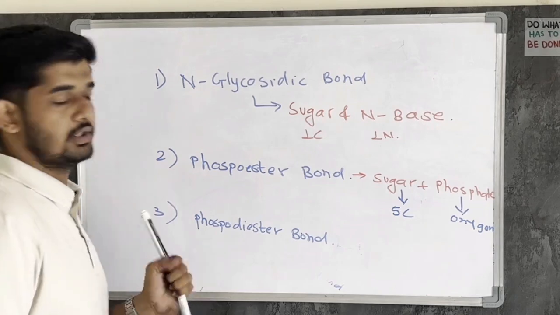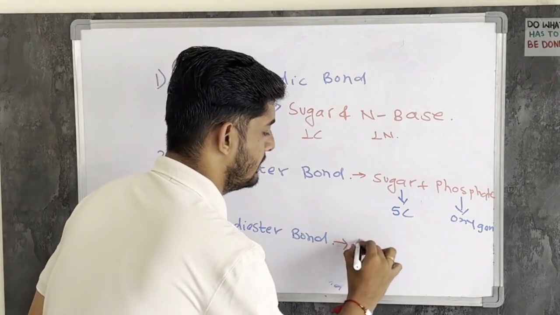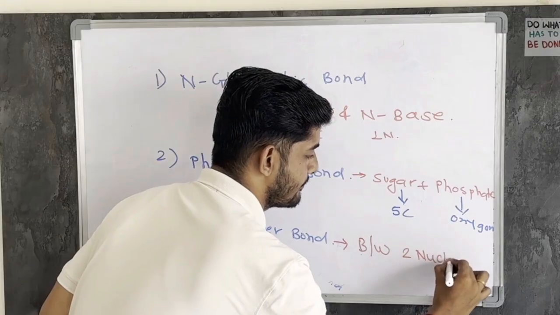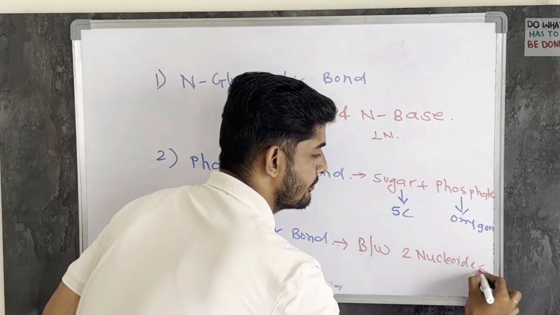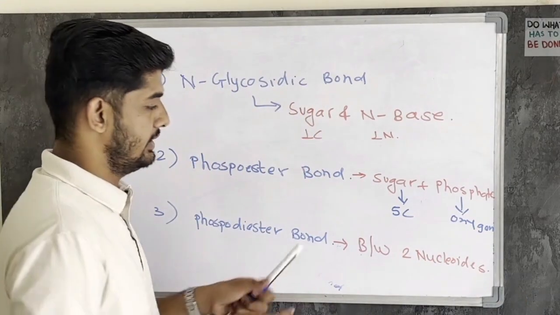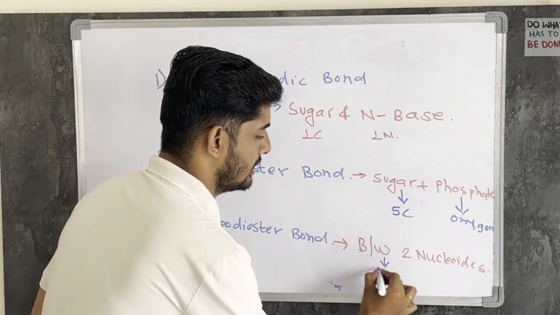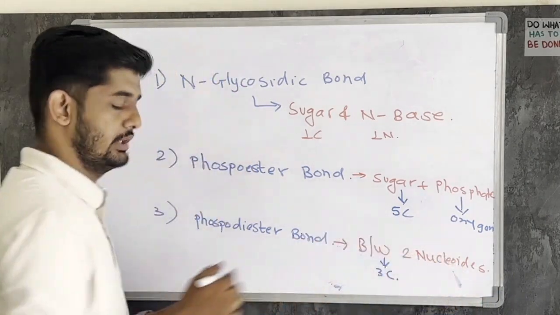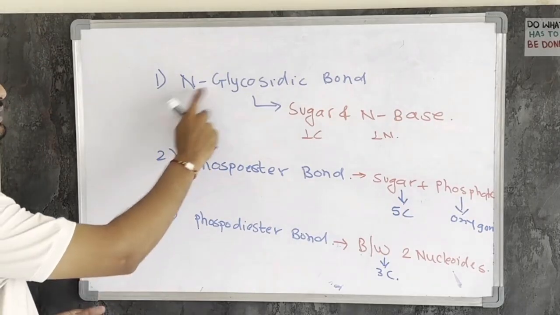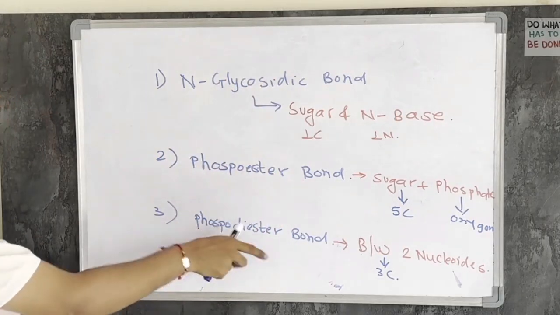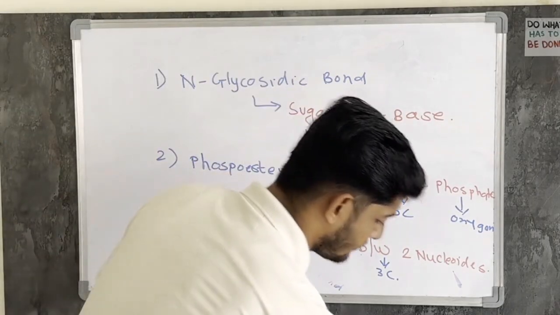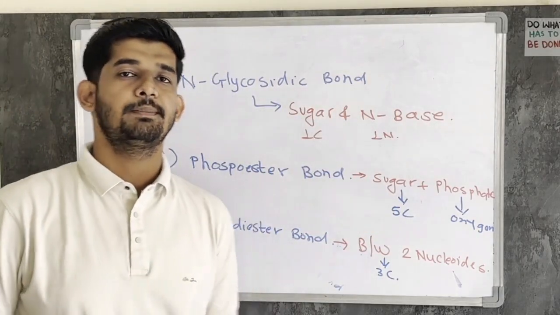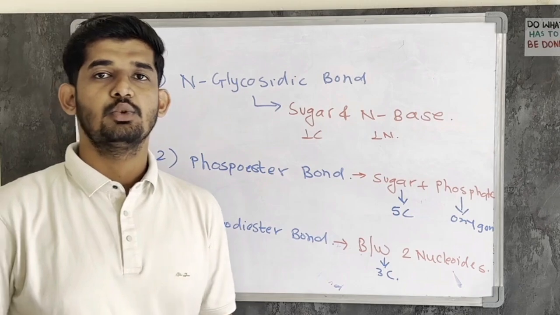Now this phosphodiester bond is formed between two nucleotides, and the carbon that is involved is the third carbon, and the oxygen. So these are the three types of bond: N-glycosidic bond, phosphoester bond, and the phosphodiester bond. I hope all the bonds that are present in the DNA are clear to all of you.